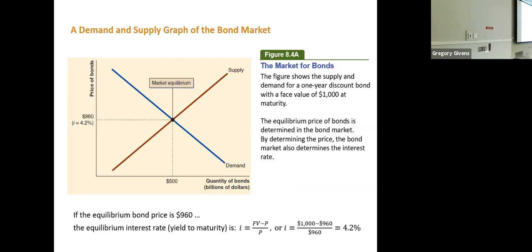So this super easy little example illustrates the point that the supply and demand model for the bond market, of course, determines what the price of bonds is going to be in equilibrium. But once you know the price, we also have fully determined what the interest rate or the yield to maturity is, right, through the present value formula.